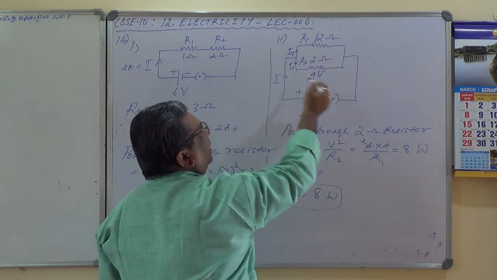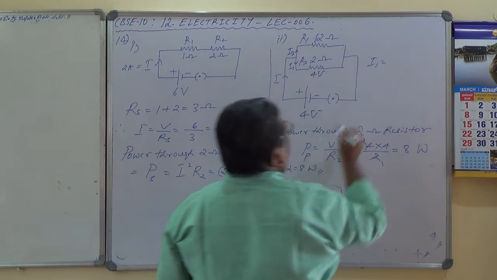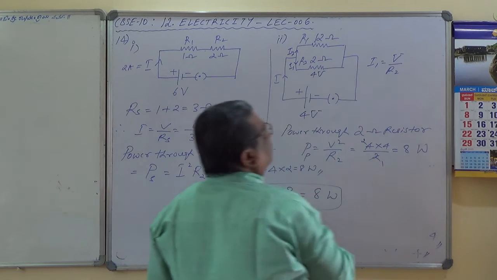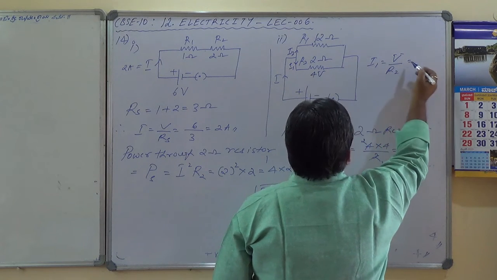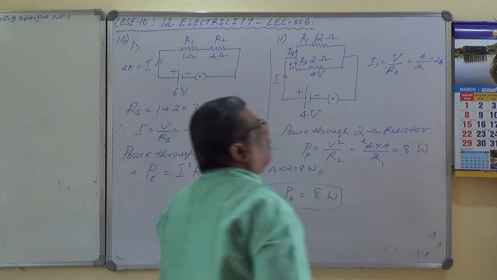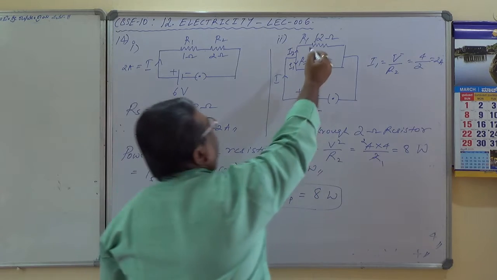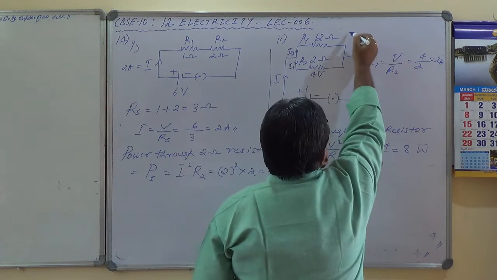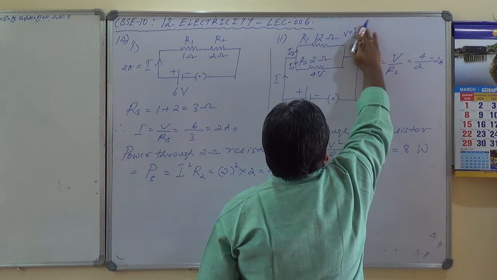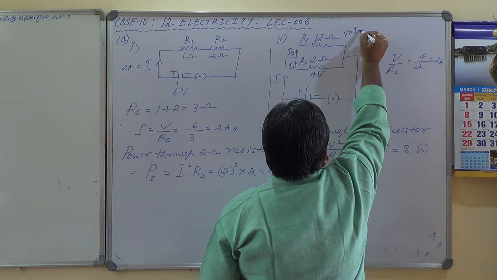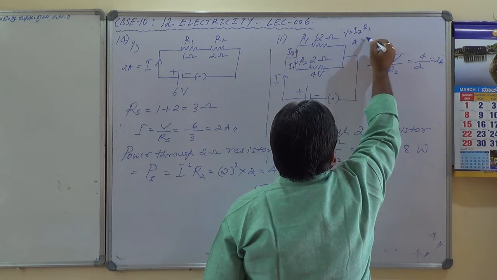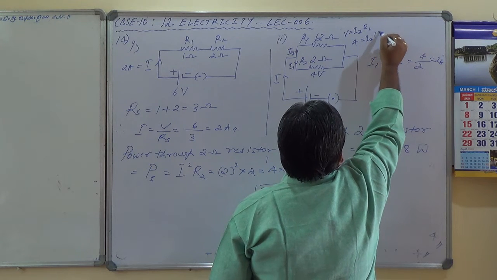R2 is 2, so I1 equals voltage divided by R2, which is 4 divided by 2 ohm resistance, which is 2 amps. What about the current through this, I2? Here V equals I2 into R2. 4 equals I2 into 12.